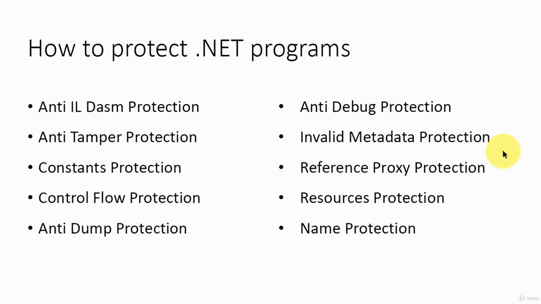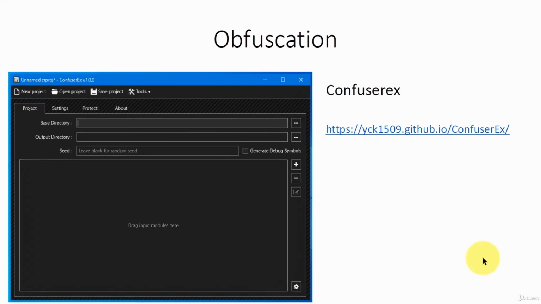Invalid metadata protection is where fake metadata is injected into the program to confuse the reverser. Reference proxy protection is where API calls are redirected. Resources protection is where the resource names are being renamed. And name protection is where all the strings are being obfuscated.